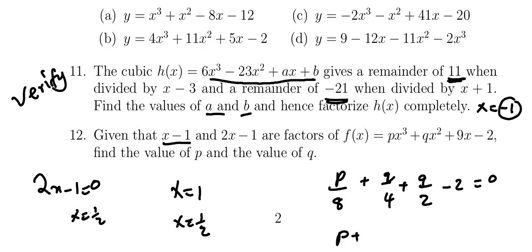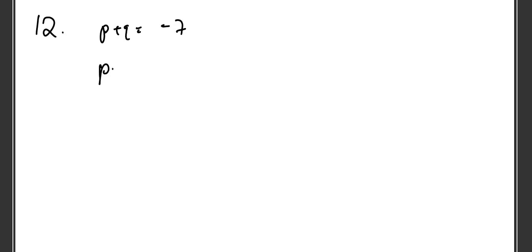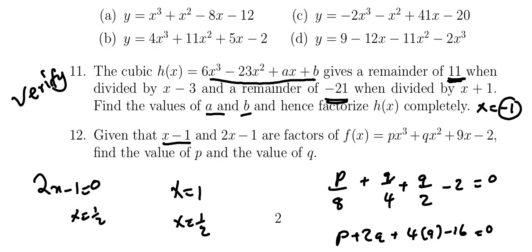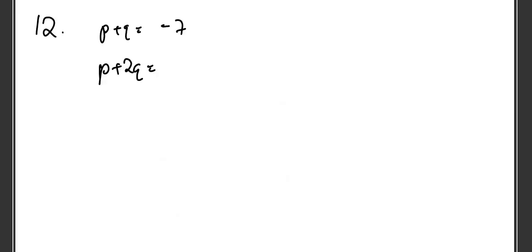This will be p plus 2q plus 36 minus 16 is equal to 0. So we're just having p plus 2q is equal to, let me solve the other part. The other part is just the 36. So 36 minus 16 is going to give us a 20. Goes on the other side as -20.